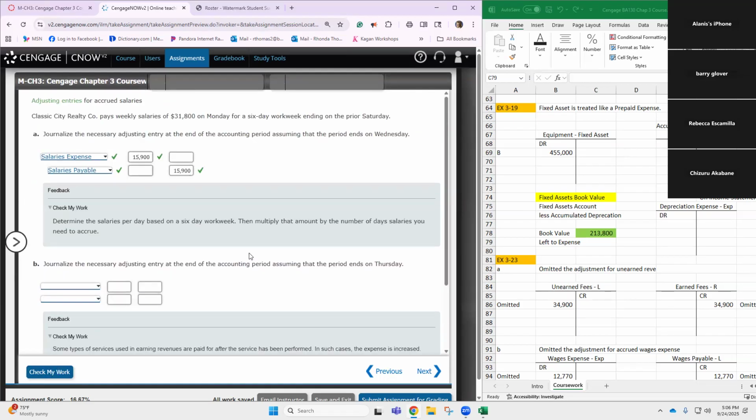So you have 1 day, so however much your 1 day, so Mindy, you said yours is Thursday, correct? It's actually on Monday, but mine's worded differently. Oh, it is. Okay, let me see. So it says, journalize the necessary adjusting entry, period ends on Monday.